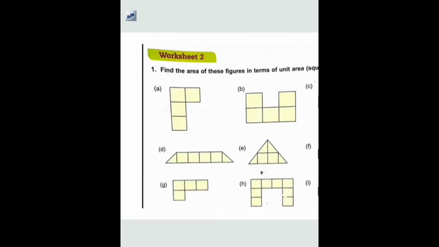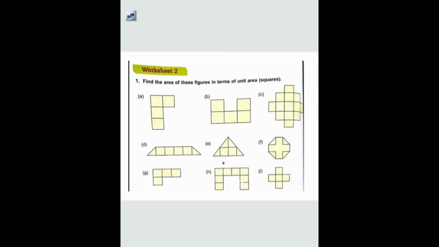Let's do this. So students, here you have to find the area of these figures in terms of unit area squares. Okay, that means you just have to count the squares. In A part, let's count the number of squares. There are 1 2 3 4, so there are 4 squares, so the answer is 4.